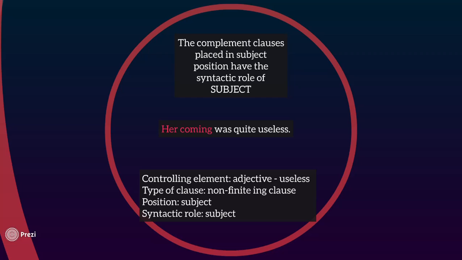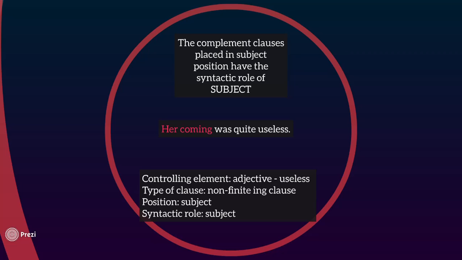Now let's see that this ing clause is giving us information related to the adjective of this clause, which is useless. So in this case, we can say that our controlling element, which is the one being complemented, is the adjective useless. The type of clause which is complementing this adjective is an ing clause, which is a non-finite clause.